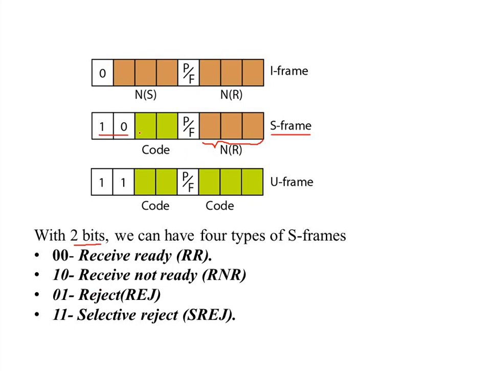And when 11 is there, it is a selective reject, that means a particular frame has been rejected, just like a selective ARQ type of system. So it will follow selective ARQ with piggybacking. Okay, so this is how the system works for S frame.